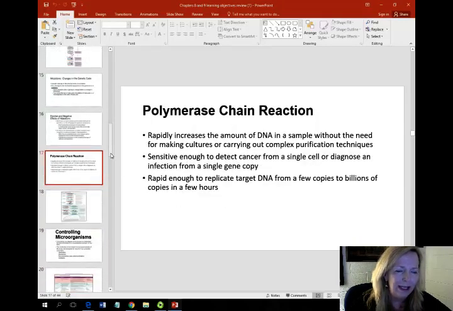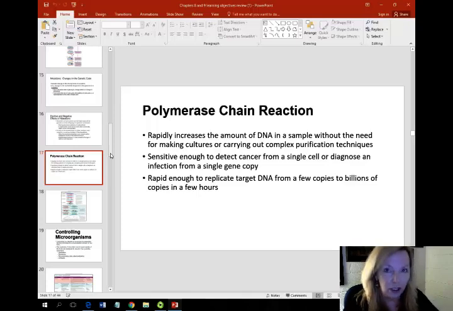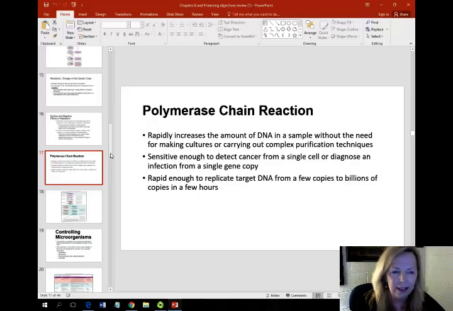Another way that we can effectively study DNA and all of the things that are going on within the DNA molecule is by having enough of it to study. This was a huge accomplishment in science. This technology is called polymerase chain reaction, PCR testing, and almost any genetics lab or research lab is using PCR reactions now.